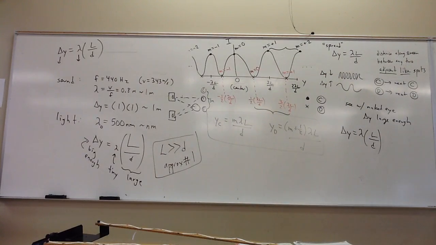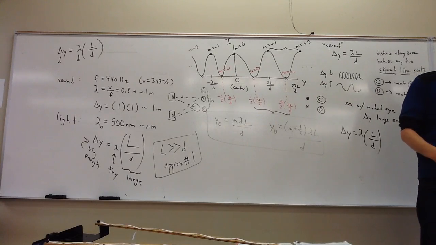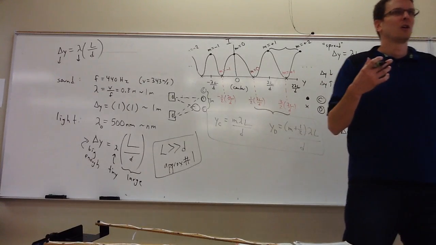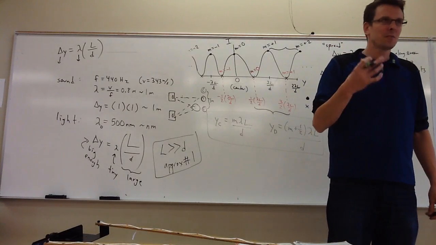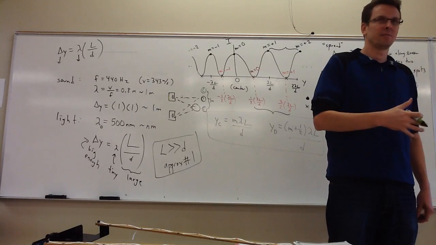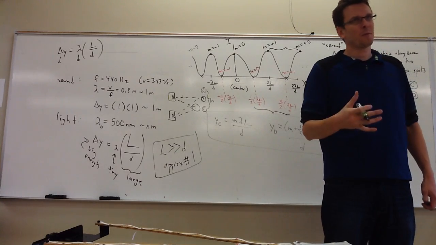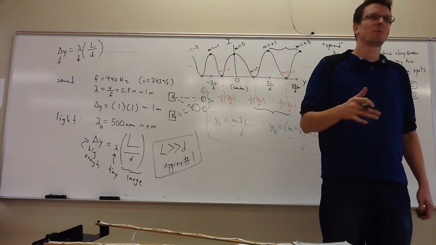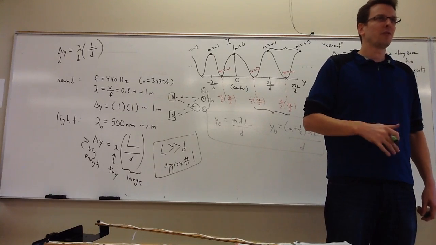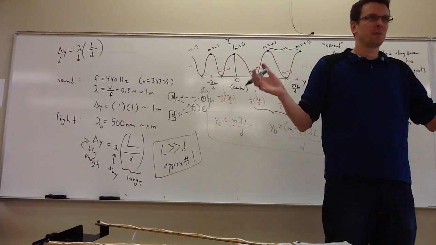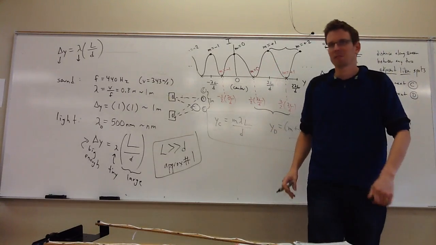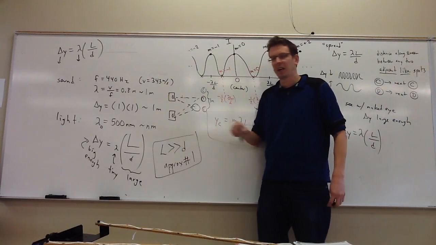The only reason we make this approximation is we want to be able to see this pattern with visible light with the naked eye. Okay? So the problem is visible light has an extremely small wavelength. So if we still want the pattern to spread out enough to be able to see it with visible light, we're going to have to compensate for that with this. Okay?